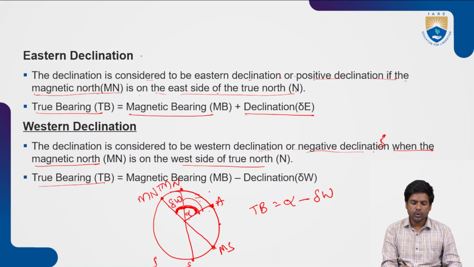So from the total magnetic bearing, if you subtract the magnetic declination, you will get the true bearing of the line with respect to true north.